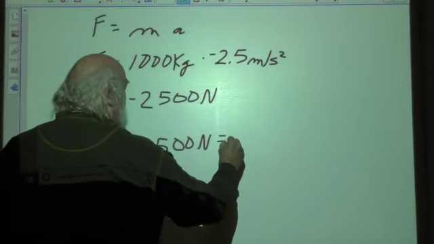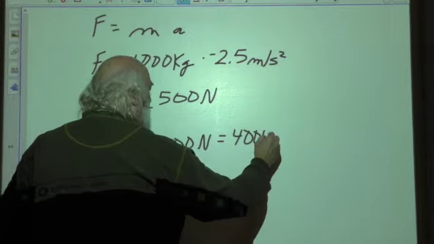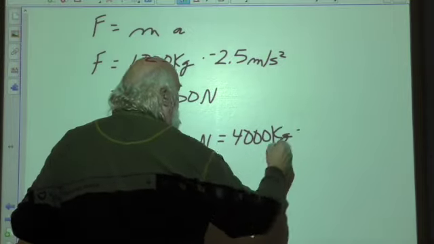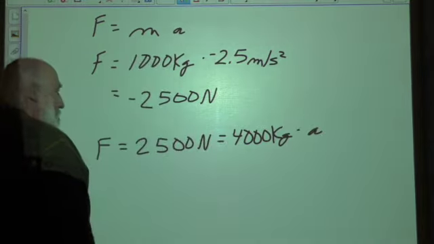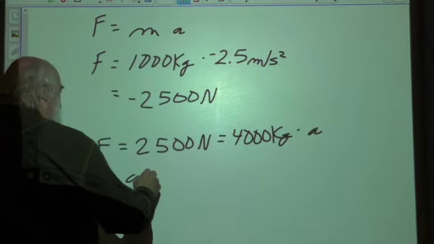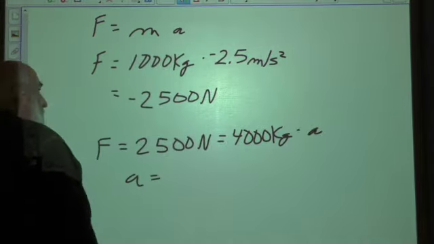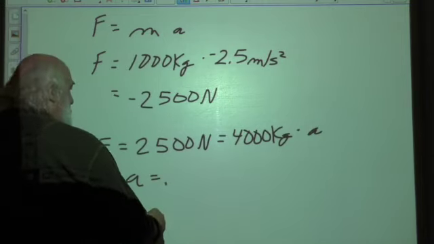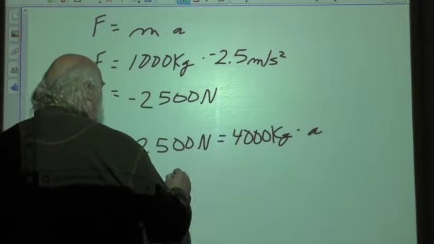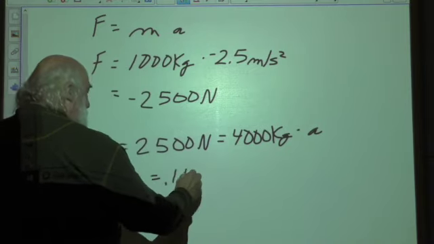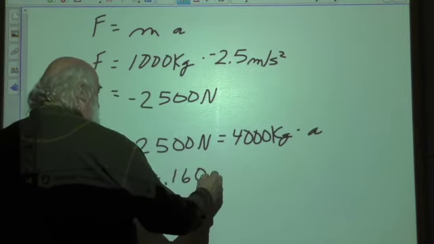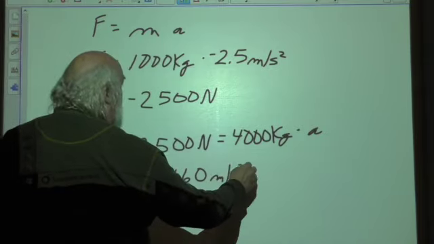And this equals mass, and we said that's a 4,000 kilogram mass times the acceleration. So we divide that out, and the acceleration turns out to be, let's say, 160 meters per second squared.